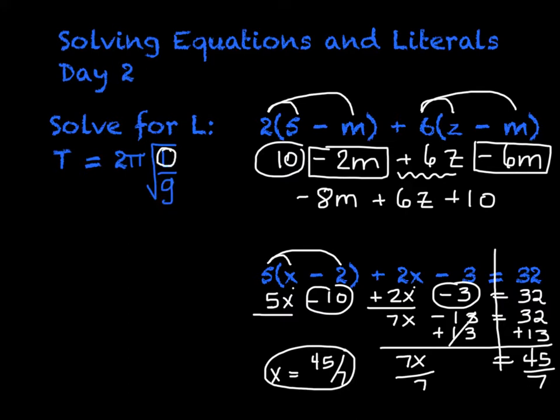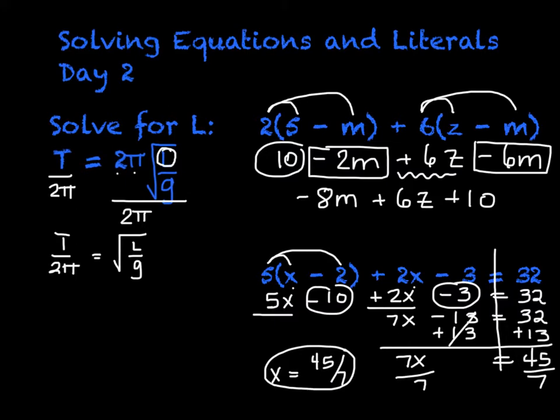Okay, so I'm going to isolate everything, and since 2 and pi are connected by multiplication, I'm actually going to divide both sides by 2 pi. So I'm going to get t over 2 pi equals the square root of L over g.